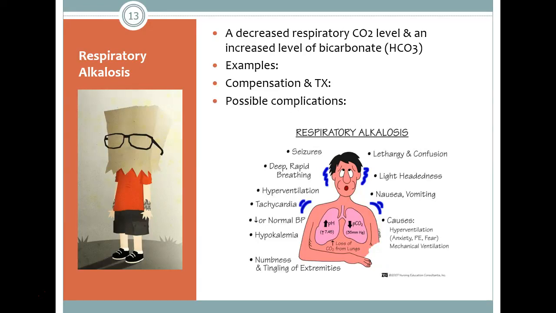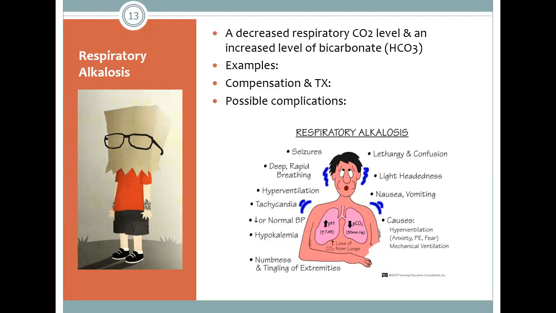By breathing into this paper bag, you'll notice that this will allow the patient to reabsorb that CO2 that's missing. Calming them down also is a secondary helpful thing to do, having them calm down so that they don't continue to breathe off more CO2 than what they're taking in.